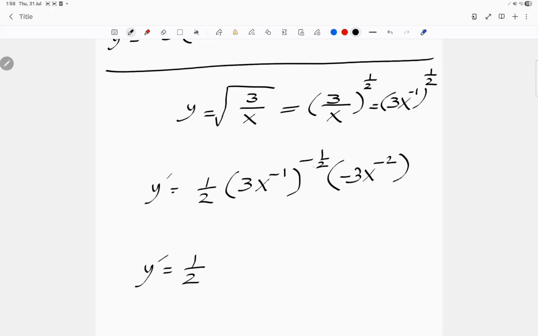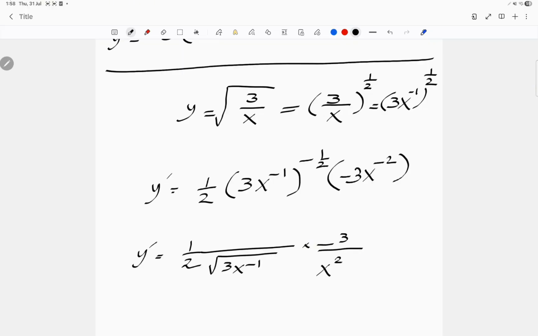If it's negative half, that means the root has to be in the bottom. 3 over x multiplied by negative 3 over, one second. So far we have this. Let's do it again. So half. What's negative half? Bringing it to the bottom, correct? Like this. And times negative 3 over x squared.